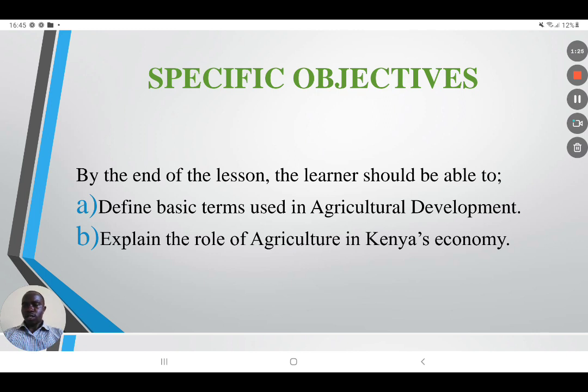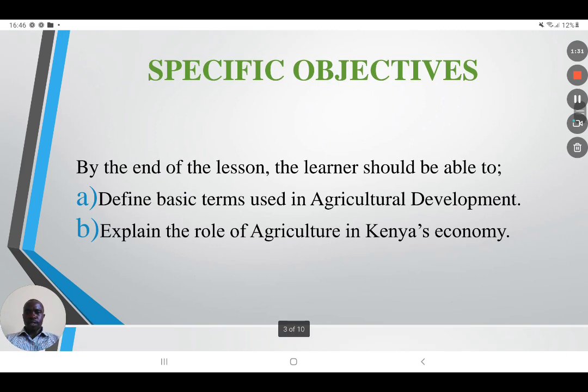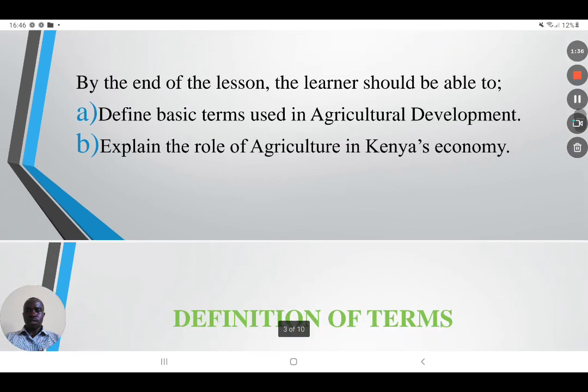Then the second objective is that by the end of the lesson, the learner should be able to explain the role of agriculture in Kenya's economy.